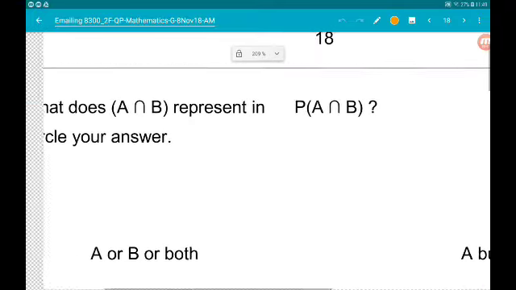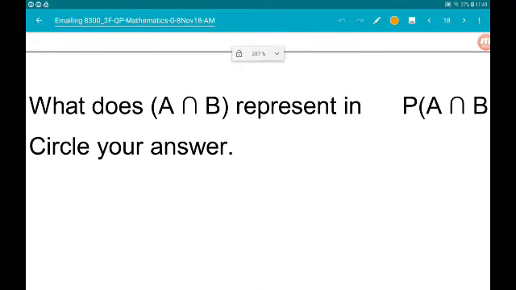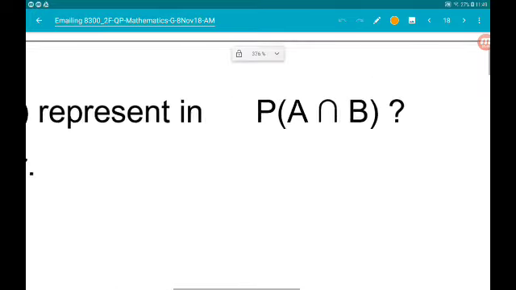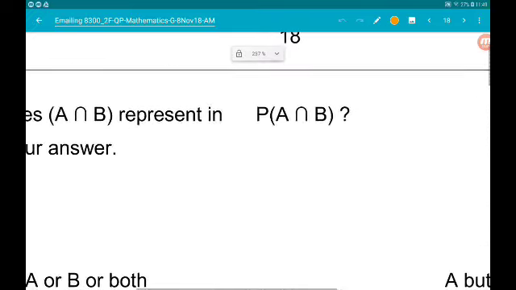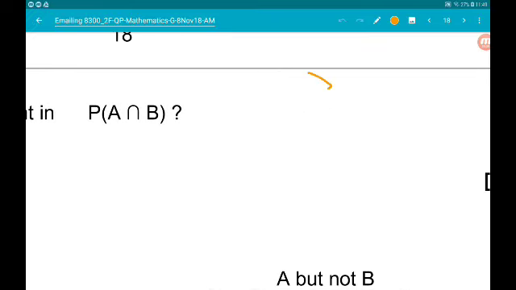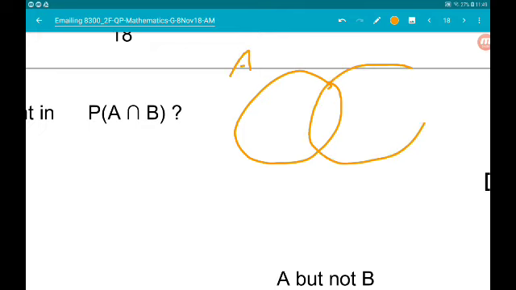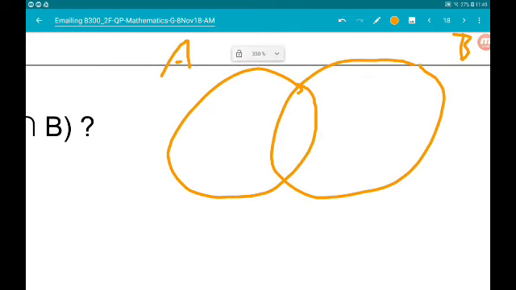So we read this as A intersection B. Now this thing on the right with P and the brackets we read as the probability of A intersection B. On a Venn diagram, that circle is event A, that circle is event B, the intersection is this bit in the middle.